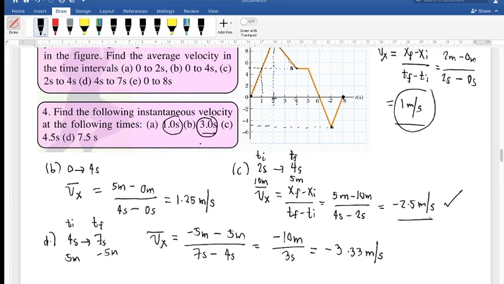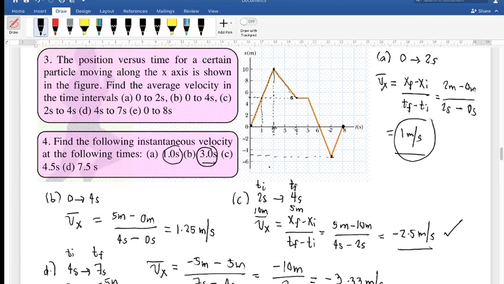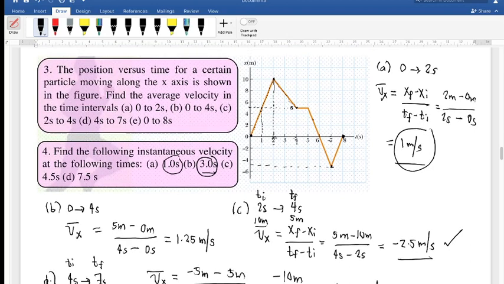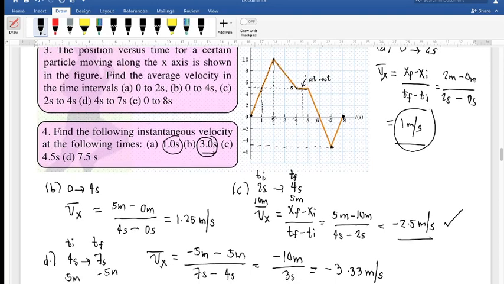Okay? For 3 seconds. How about for 4.5 seconds? So 4.5 seconds is here. So if we interpret this one, meaning na yung object mo is actually at rest. Meaning a straight line, meaning at rest siya. Okay? So therefore, wala siyang velocity at 4.5 seconds. So V is 0 at that instant.